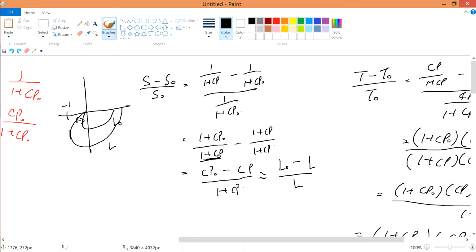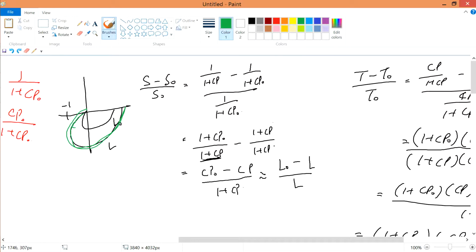It's a ratio of their difference relative to the loop gain L. In other words, it measures how much distance L is from L naught.